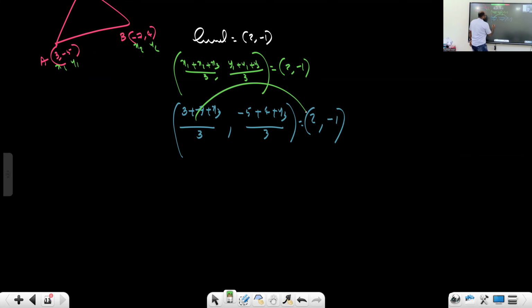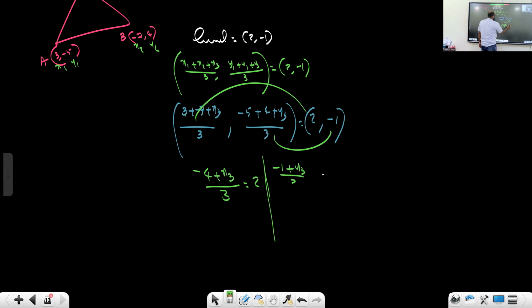First equal to first: (-4 plus x3) by 3 equal to 2, because 3 plus -1 minus 4. Second part: (-1 plus y3) by 3 equal to -1.